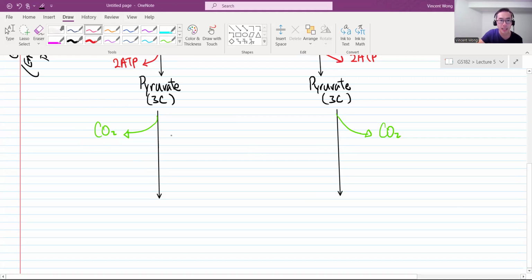And at the same time, we are going to be removing high energy electrons from the pyruvate. And anytime you remove electrons, you need to capture them. So that's what the NAD plus is here to do. It's going to pick up those electrons. And where are we taking the electrons?